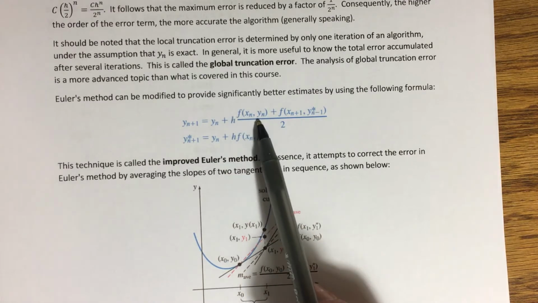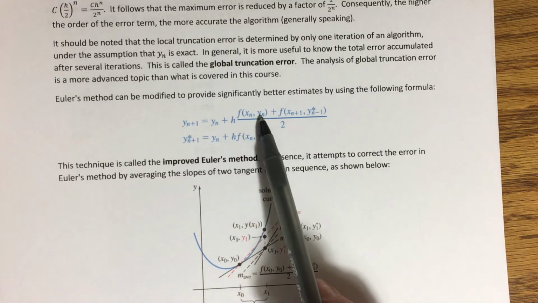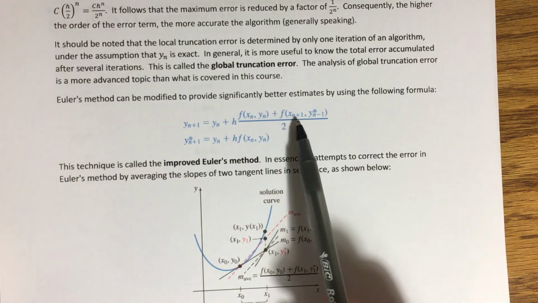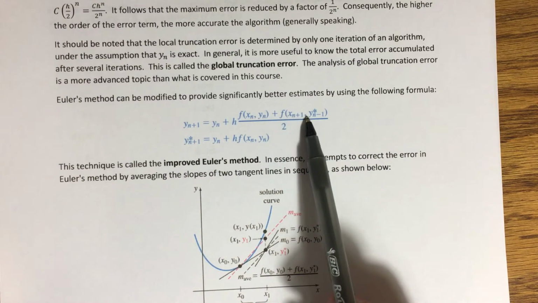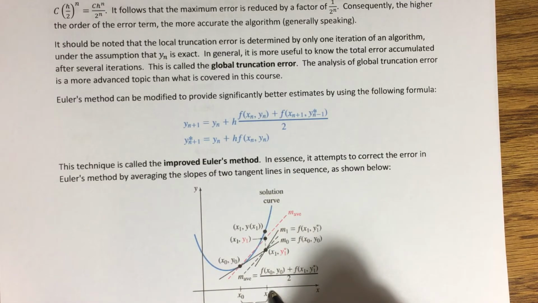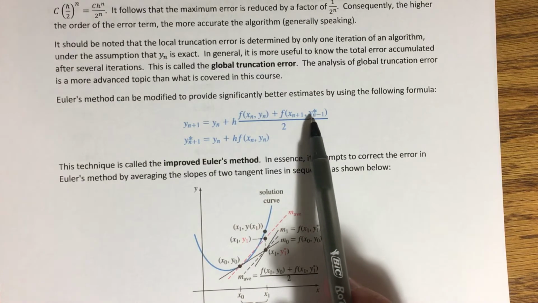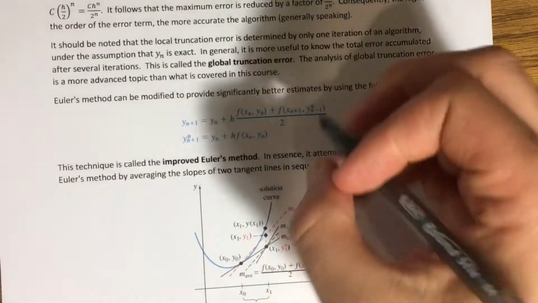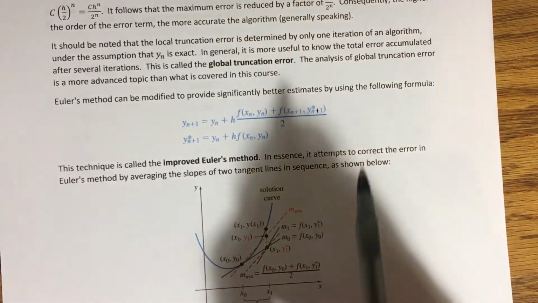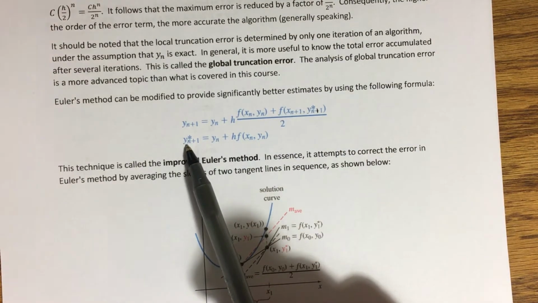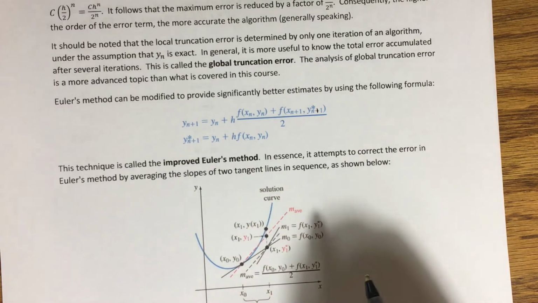Now remember, this is what y prime is equal to. This function represents slope. But then we use that function f again. We use it with xn plus 1, which would be the next x value, in this case x1 in our sequence of x values, and then we use yn plus 1, I should say plus 1, right? Or yeah, it should say n plus 1 right there. I think that's a typo from the book. Star. So we're using the approximation given in this previous step here.